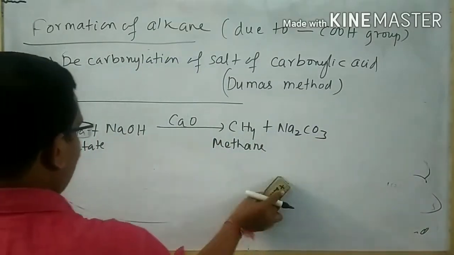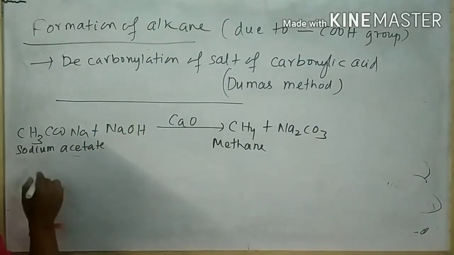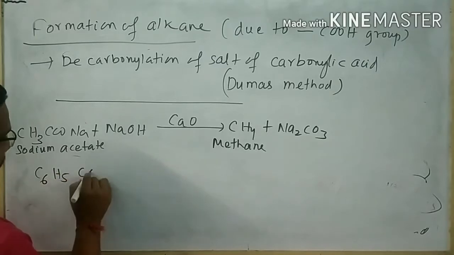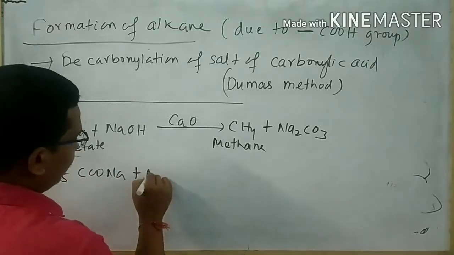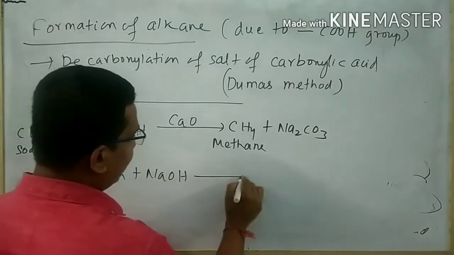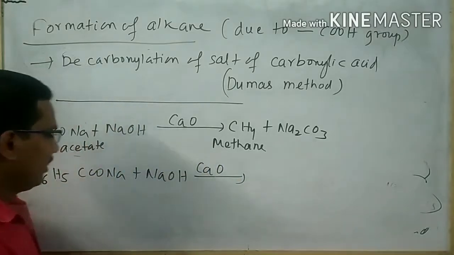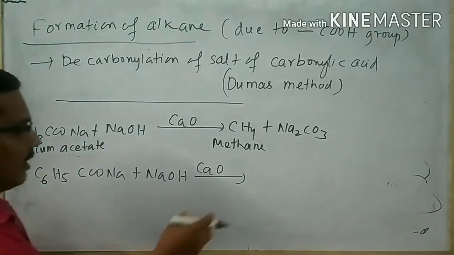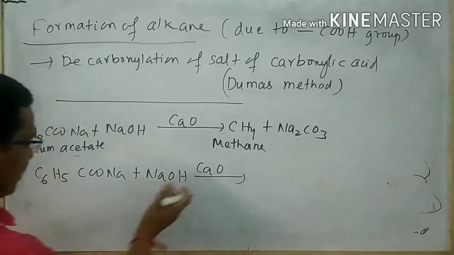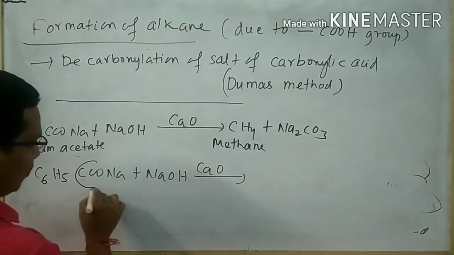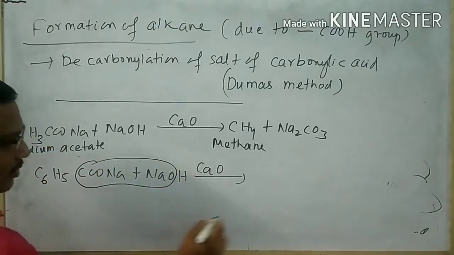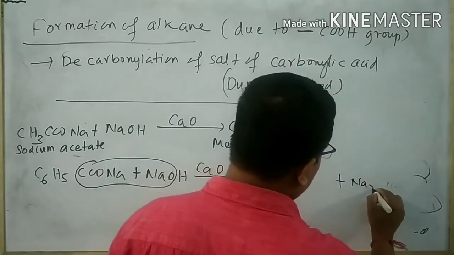Similarly, take another example: C6H5COONa plus sodium hydroxide in the presence of calcium oxide, then we get a product. And what is the product? This is sodium carbonate, Na2CO3.